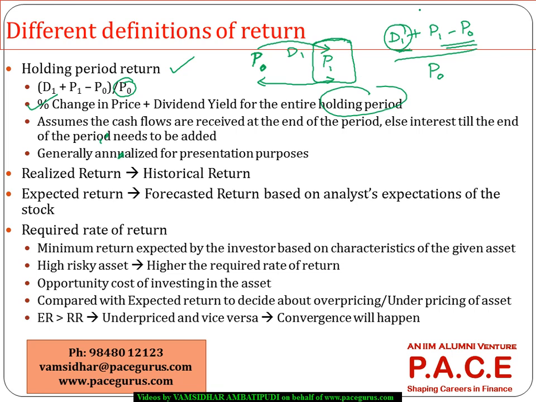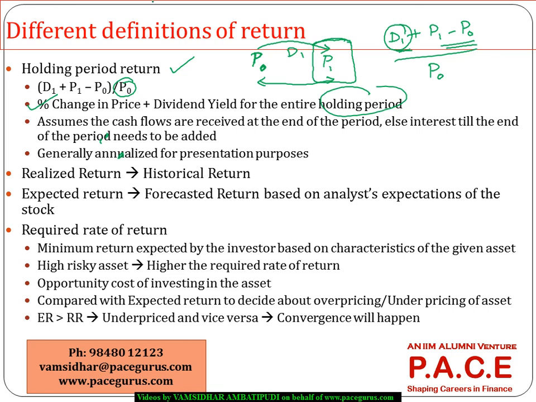Whatever is the time period we are holding the security. So whatever benefits we have received during that period represented by D1, and whatever is the change in price during the period represented by P1 minus P0, that is the overall return, and I divide it as a percentage of my purchase price. I call that the holding period return.